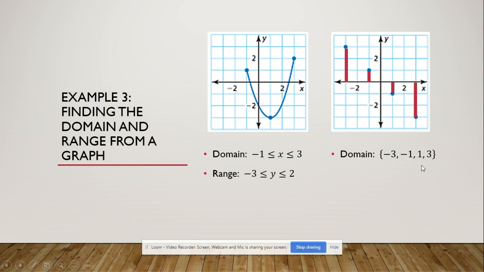There's the domain. For the range, we repeat. This time we're going to be focused in on the y-axis. So at -3, -1, 1, and 3. So our range is going to be -3, -1, 1, and 3.